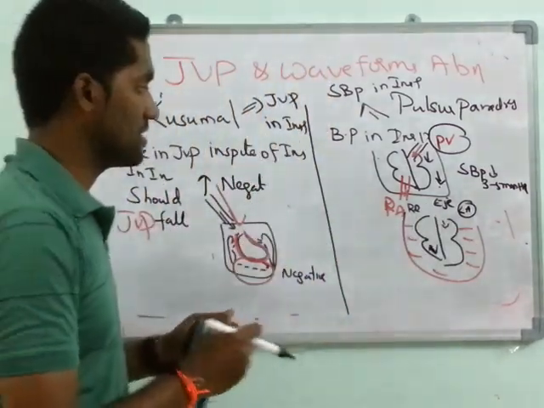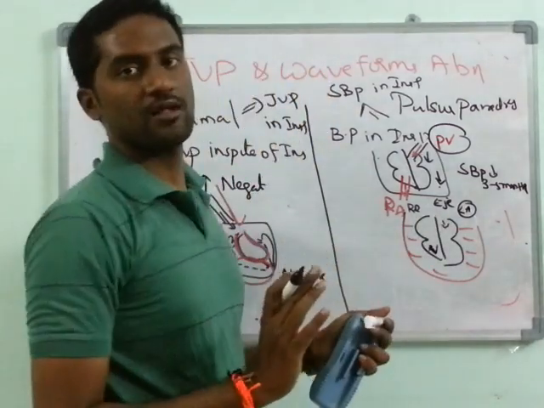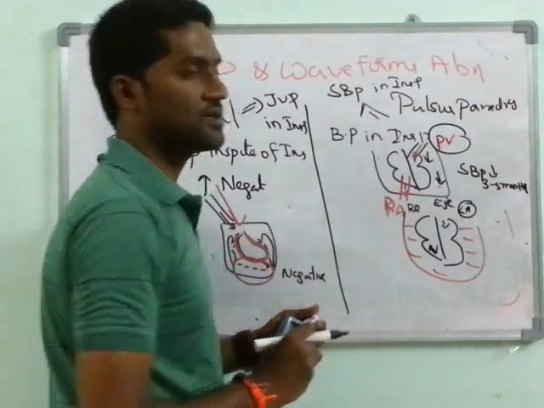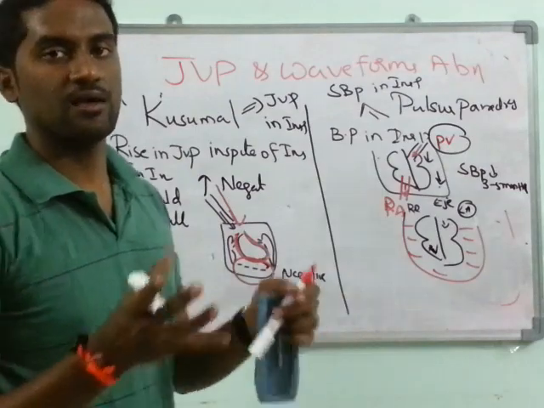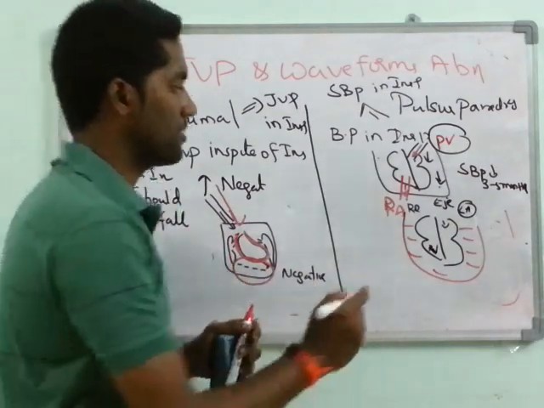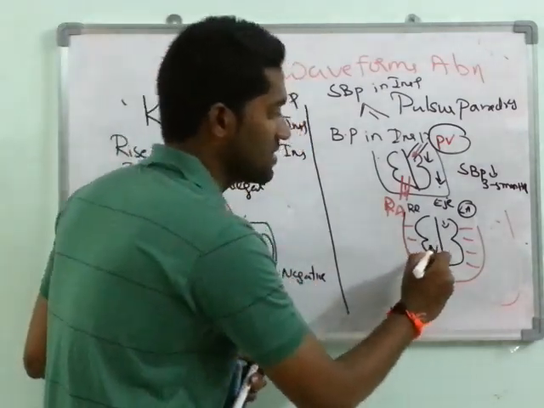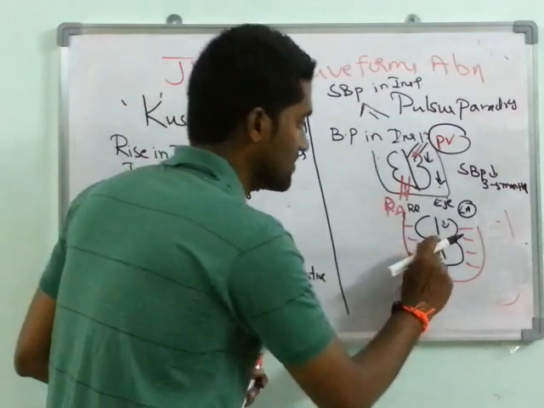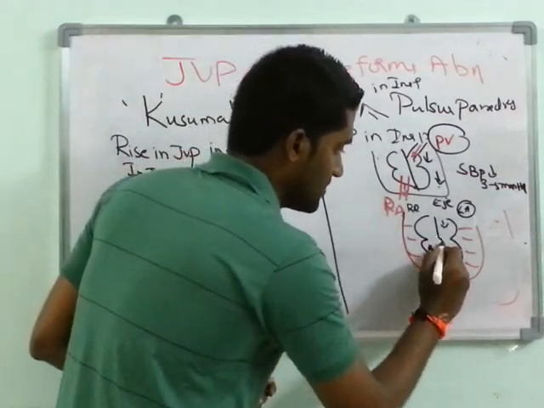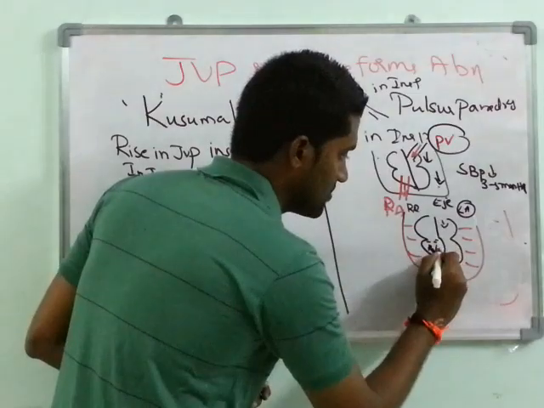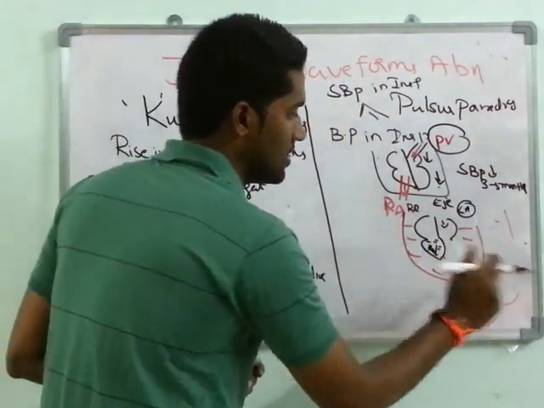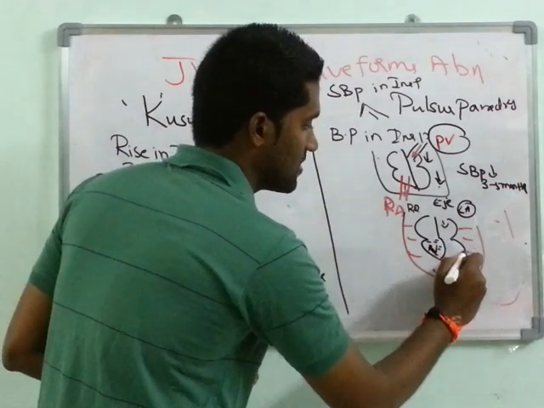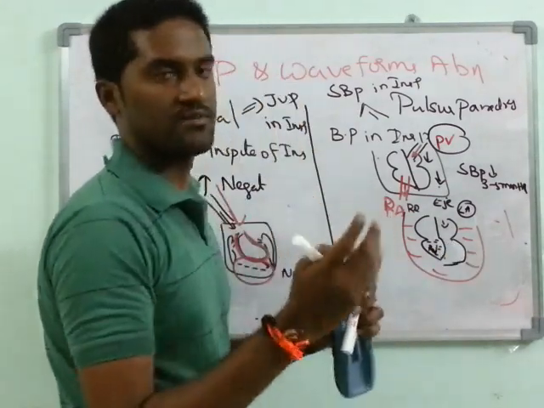When the blood enters the right ventricle, usually when the heart is within the elastic pericardium, suppose the blood within the right ventricle increases, the septum goes like this due to the increased load of blood within the right ventricle. In a normal heart, it can compensate or move aside.